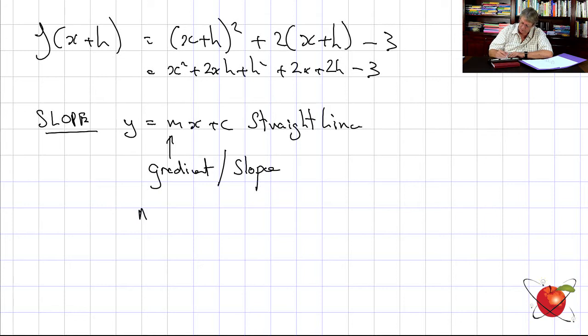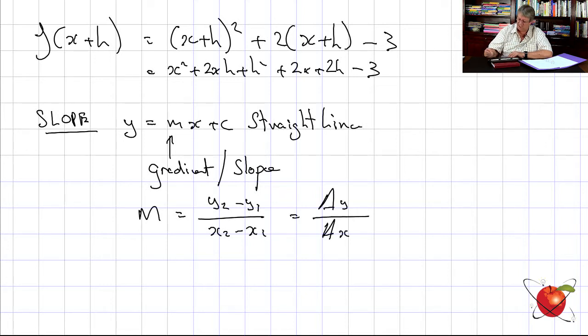And you know m is equal to y2 minus y1 over x2 minus x1. I have previously written it as change in y over change in x. Delta means change. Those of you who did physics with me will have seen that we use it a lot, like delta T, change in temperature.